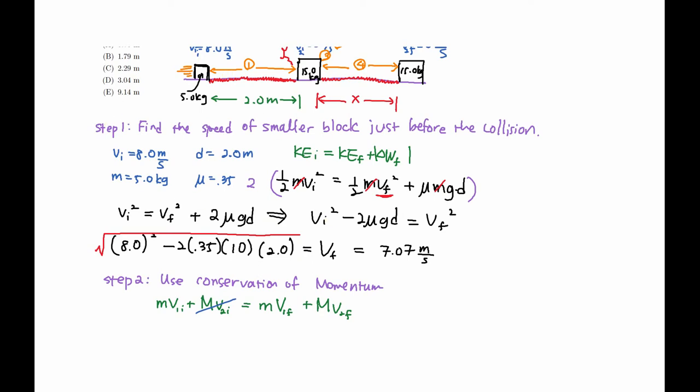So v initial now becomes 7.07 meters per second for the first block. So we can plug this value in here.